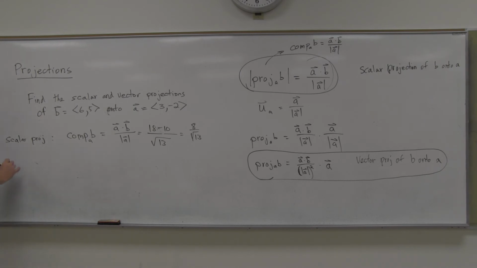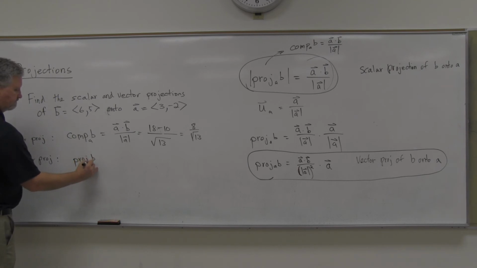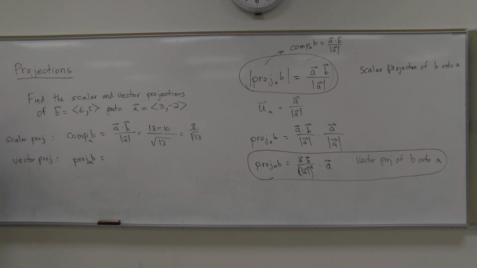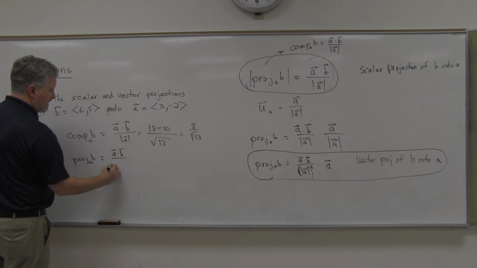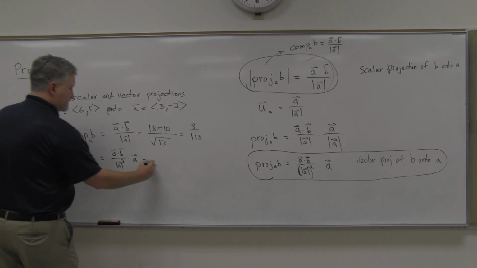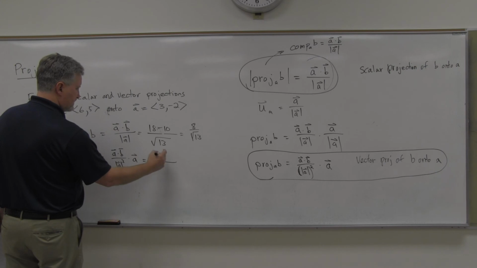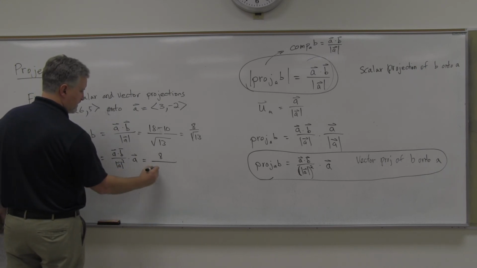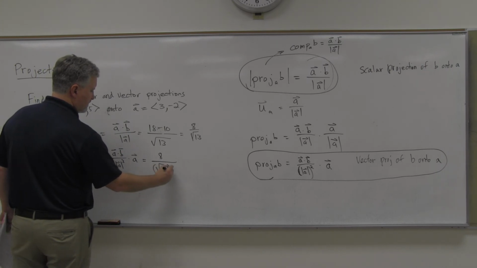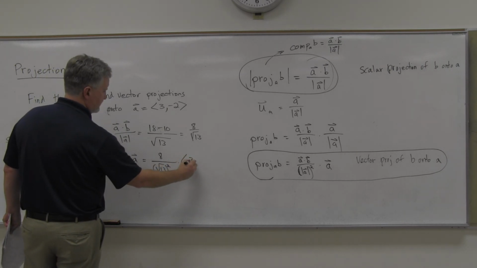And then the vector projection is the dot product divided by the magnitude of A squared, times A. The dot product, we already got that, that's 8. The square root of 13 is the magnitude of A, so it's the square root of 13 squared, times A, which is 3, negative 2.